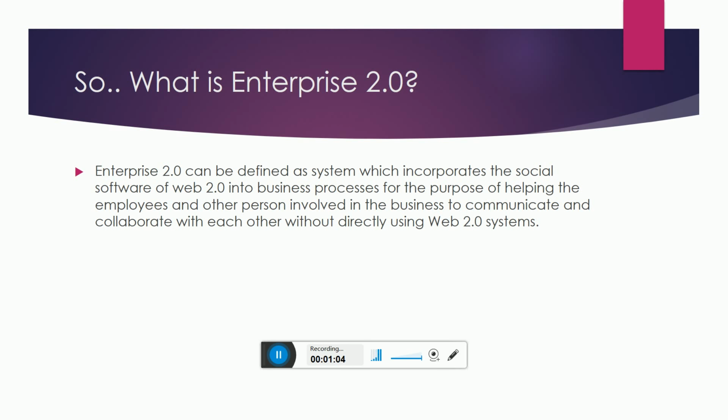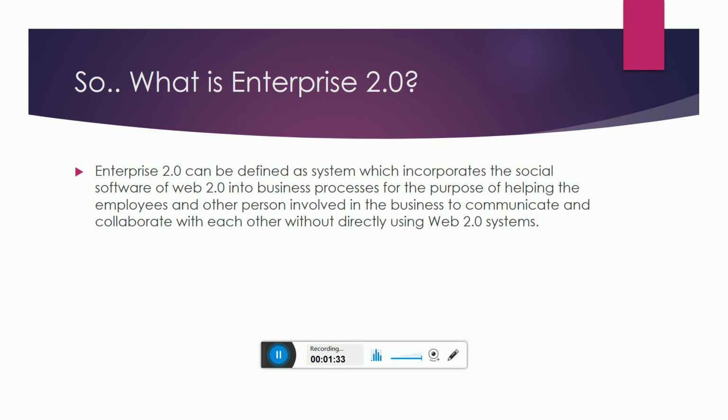So what exactly is Enterprise 2.0? Enterprise 2.0 can be defined as a system which incorporates the social software of Web 2.0 into the business processes for the purpose of helping the employees and other persons involved in the business to communicate and collaborate with each other without directly using Web 2.0 systems.